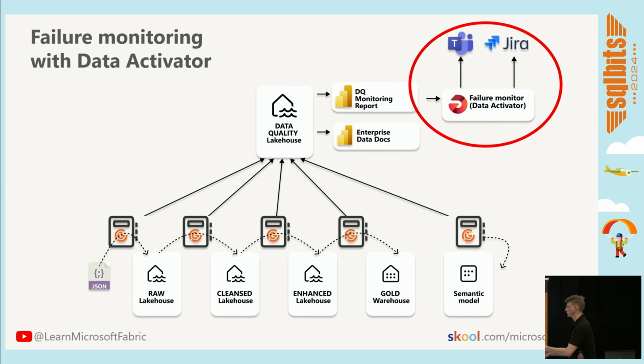So you've got all of these validation results feeding into that lakehouse, into that report, and any time one of your validation sets fails, it triggers this failure data activator. And from that, you can do notifications, maybe even create a JIRA ticket, assign it to someone, say go and have a look at this pipeline, it's failed, or the data quality has failed, not necessarily the pipeline.